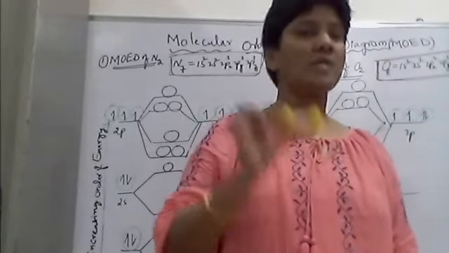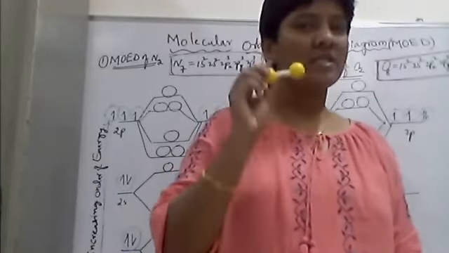Because it has 16, an even number of electrons, this electronic configuration makes us say the O2 molecule must be diamagnetic. But practically, experimentally it is proven that O2 is paramagnetic, though it has an even number of electrons, 16 electrons.